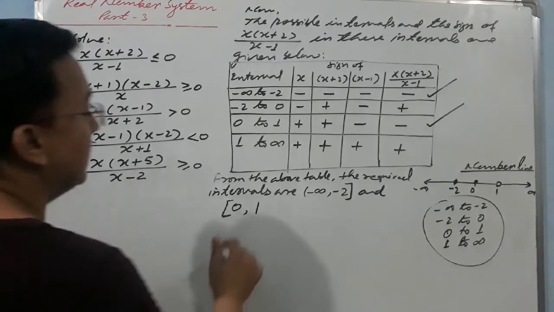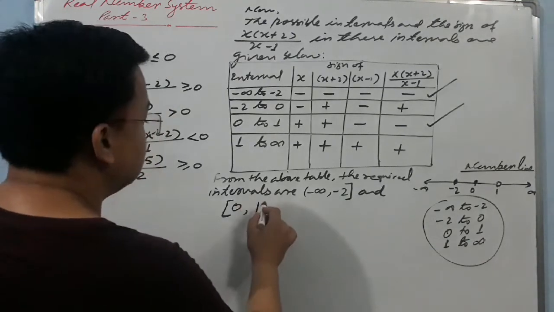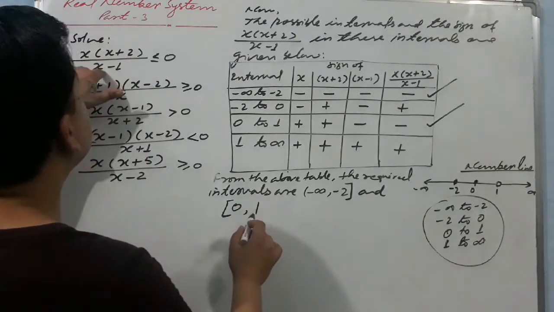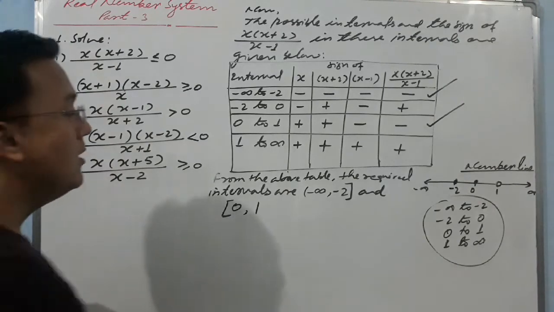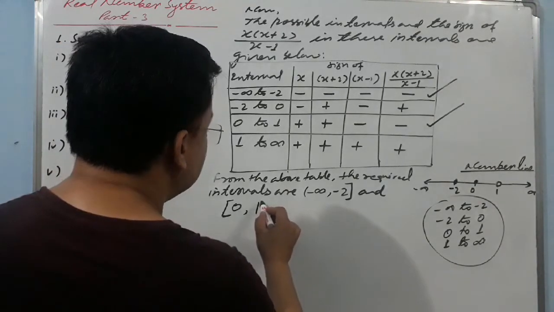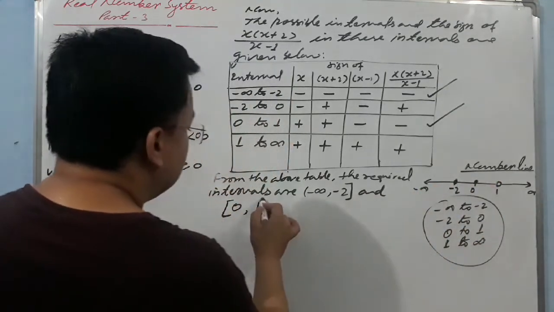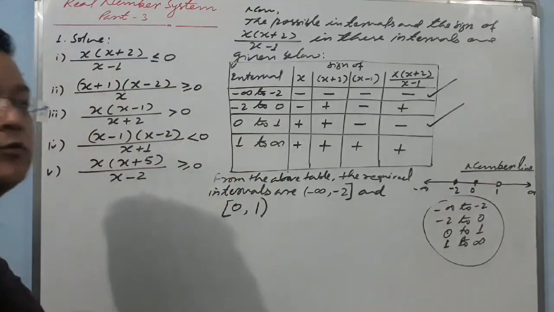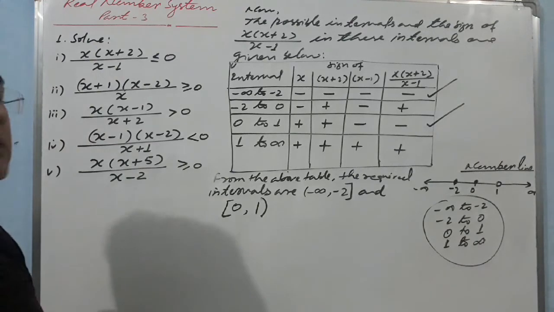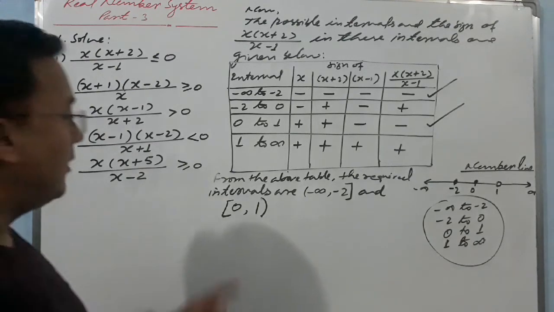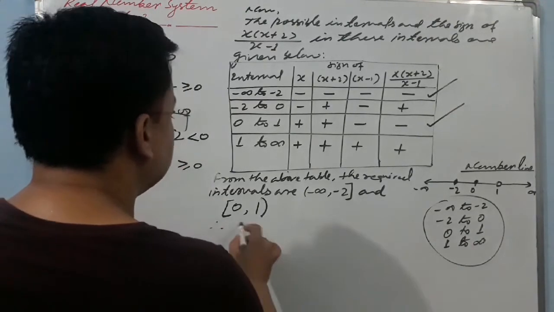So this is the key: at x is equal to 1, the left hand side becomes undefined. That's why you need to take a small bracket here. This means the interval goes up to 1, but 1 is not in this solution.